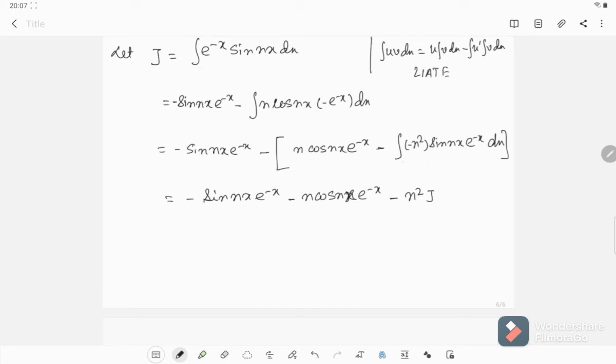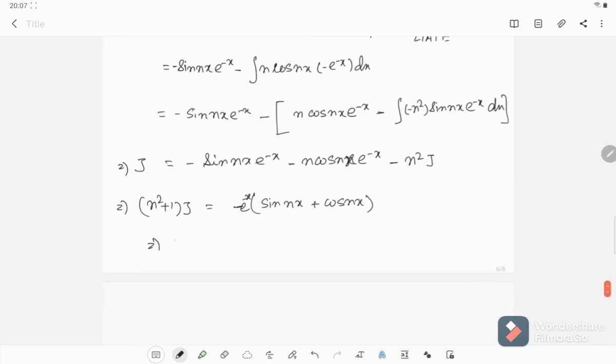You can see that n square plus 1 times j is equal to minus of sine of nx e to the power minus x plus cos of nx, if I am not wrong, that is j is equal to e to the power minus x over (n square plus 1) times (minus sine of nx plus cos of nx).